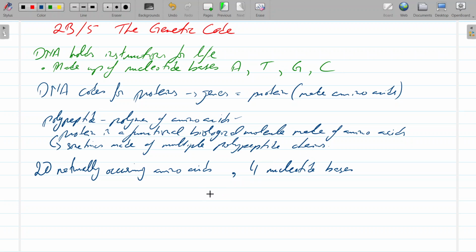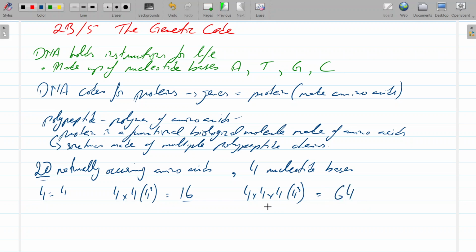So that's obviously not working out. If 2 nucleotide bases, or you say 4 squared, coded for an amino acid, you'd only get 16. So you're still missing out on 4 of them. So you go to the next step: you take 3 nucleotide bases coding for a single amino acid.